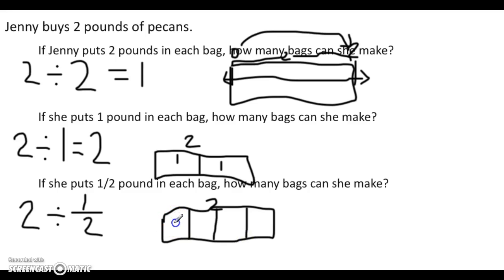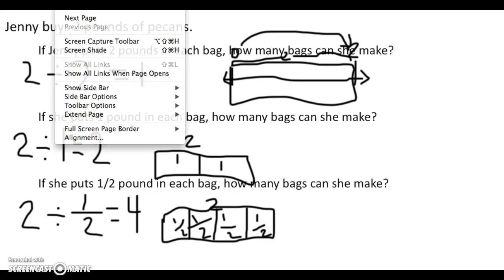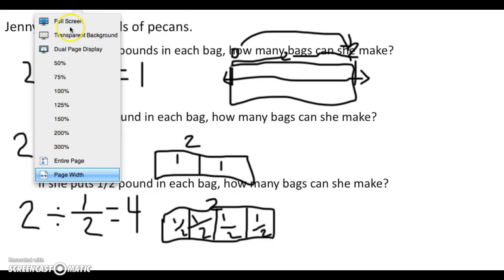This would be a ½ pound, and this would be a ½ pound, and this would be a ½ pound, and this would be a ½ pound. Then my answer is 4. Now this makes sense. If I have 2 wholes and I break it up, it's still going to be a ½ pound, okay?